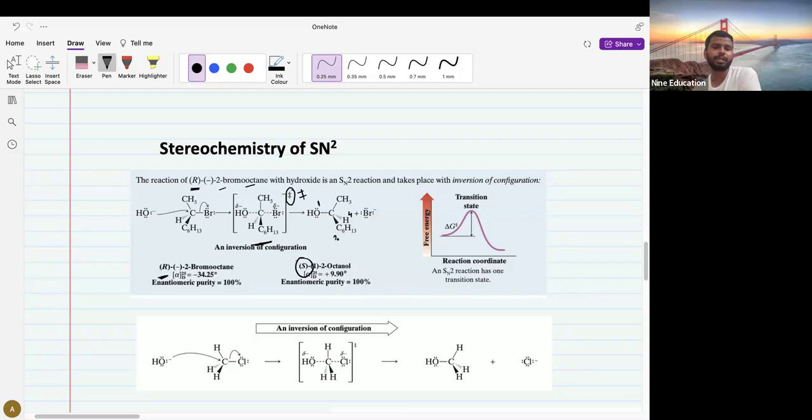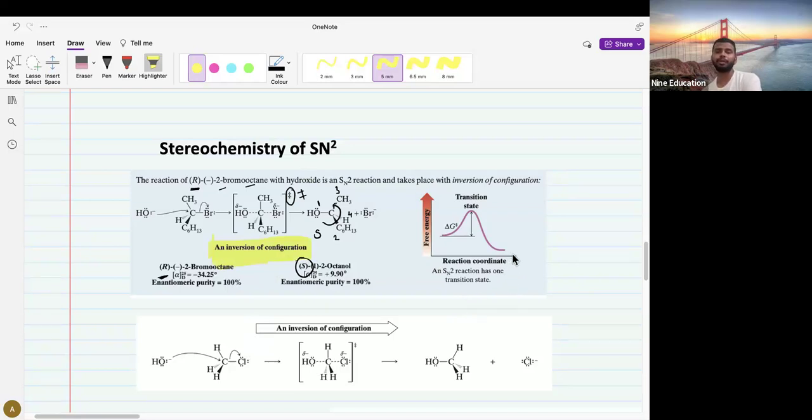Oxygen 1, then this carbon will be 2 and this carbon will be 3. So 1 2 3 if I rotate, this is moving anti-clockwise and from forward only I am seeing, this is S configuration. This is S. So from R we have changed to S. This is the main property of SN2 reaction, which is inversion of configuration.